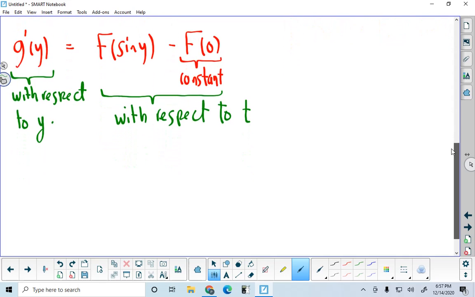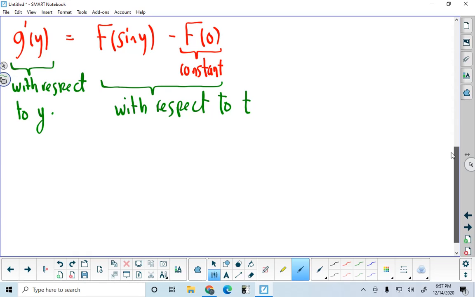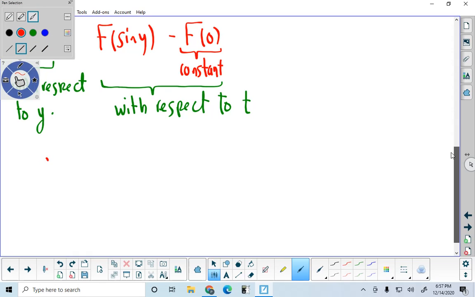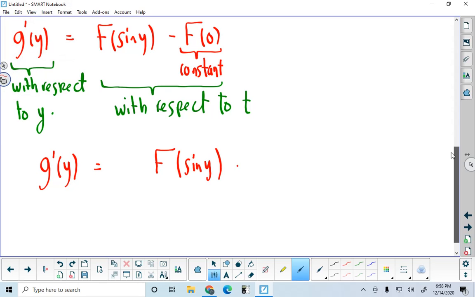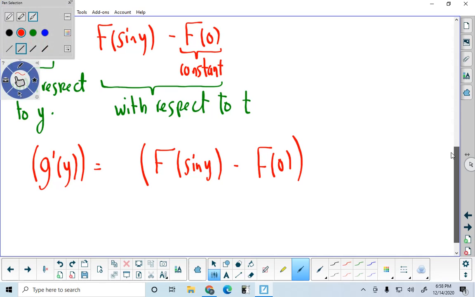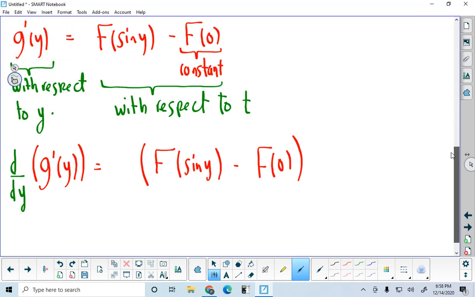So what I'm going to do is rewrite this now. I'm going to take g prime of y, which I reverted back to the prime notation, equals the antiderivative of f of t at sine of y minus the antiderivative of f of t at 0, and I'm going to differentiate both of these sides with respect to y, which is a very odd thing, but it's not f of x, it's g of y, so the independent variable is y.